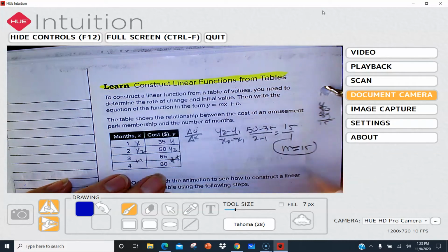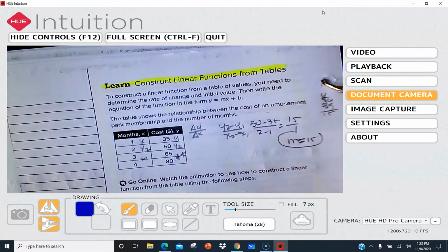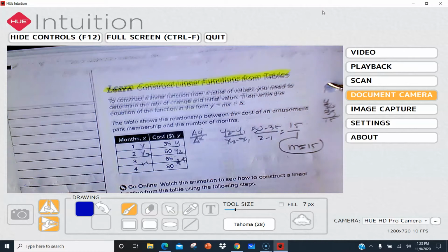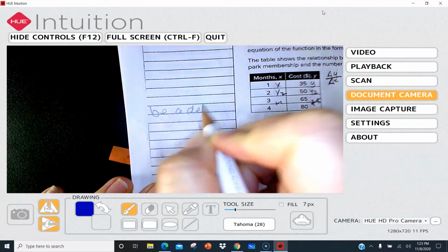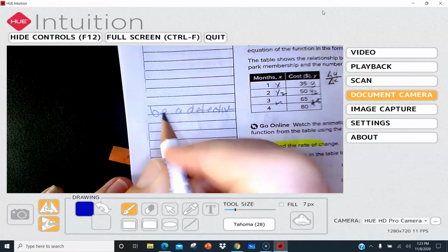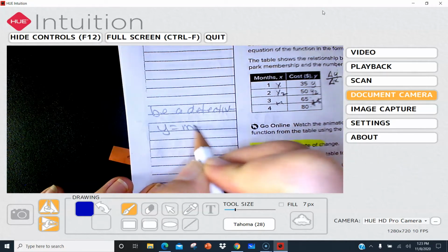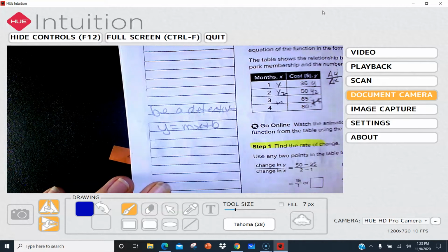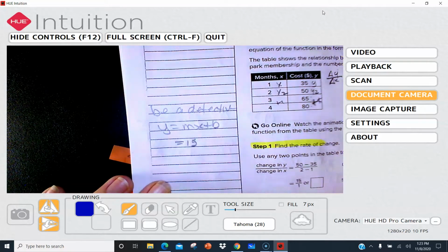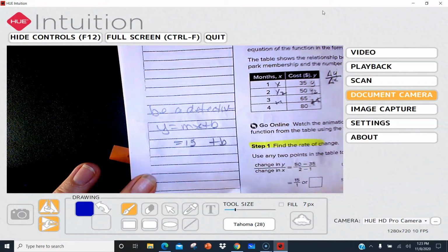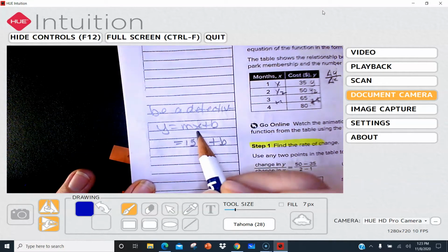But really, there's no easy way to find my b right now. I don't see a 0. There's no 0 answer. Now I have to find the b. This is where I have to be a detective. I have a formula. I have my slope. I have no b. I do not know what my b is. But I have an x.